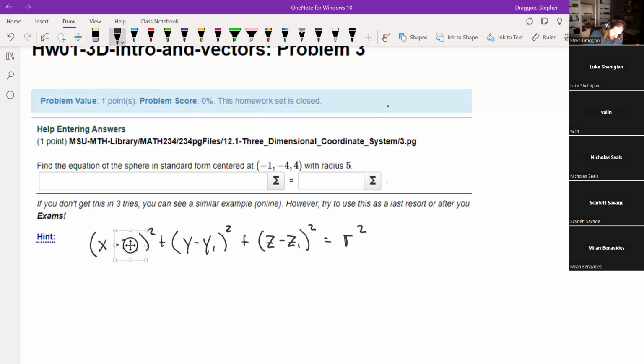Let's start color coding some things here. X1, Y1, and Z1, or maybe X naught, Y naught, and Z naught, all of those are a point.